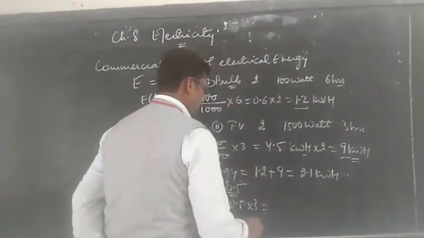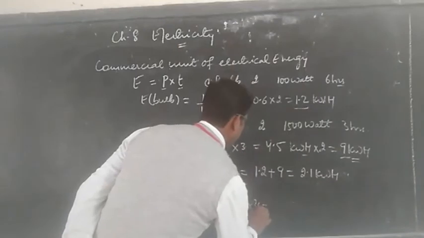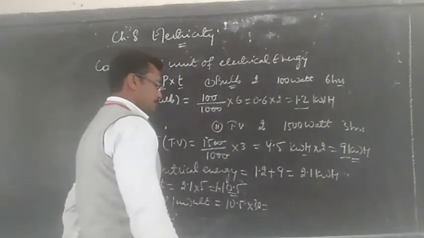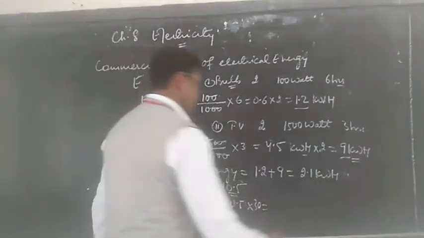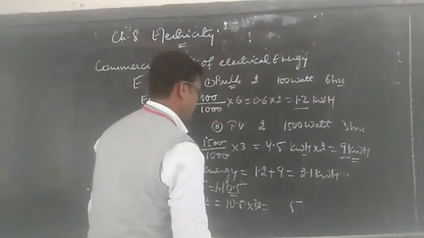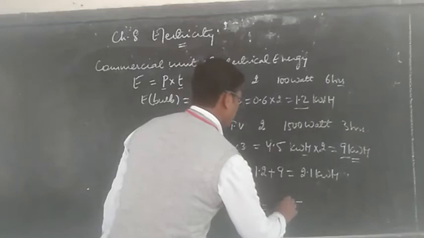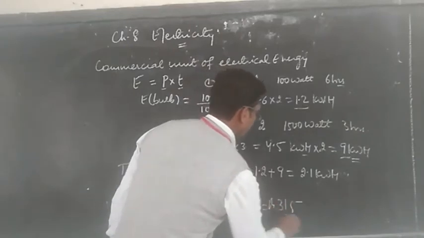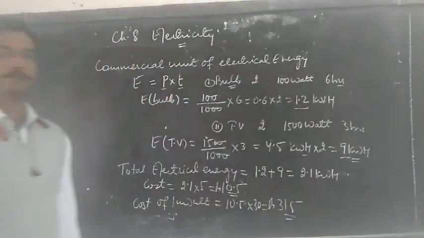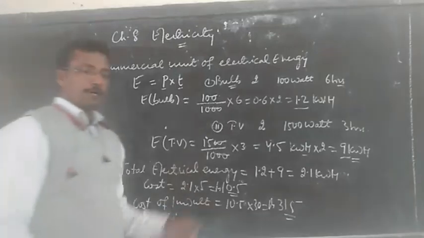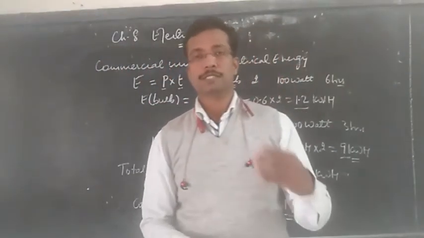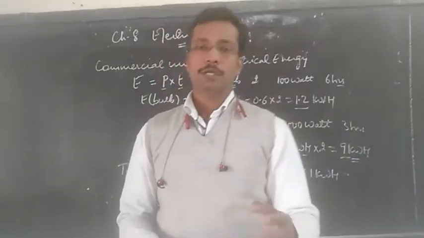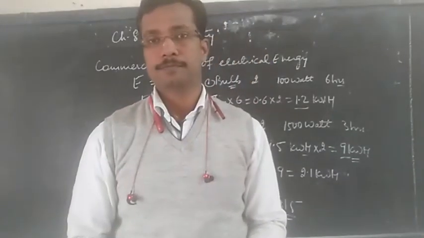So we will be getting not 3, 30, sorry. 30 is the total number of days in 1 month. So we will be getting 5 3 is 15. So 1530 rupees will be the cost. This is how we can calculate the total cost as well as the total energy consumed in 1 month.